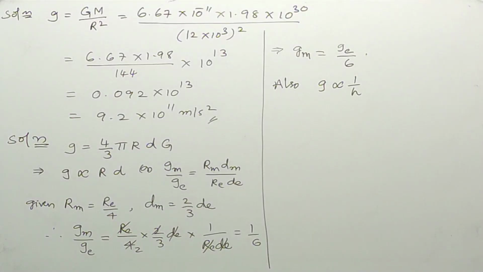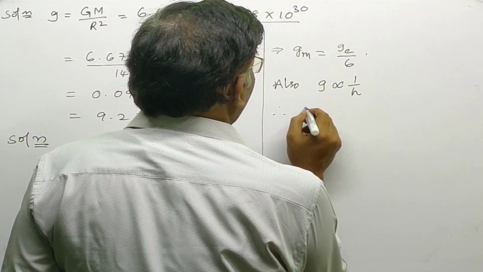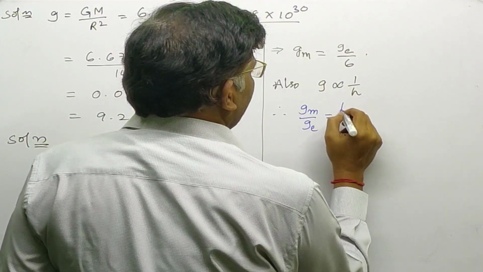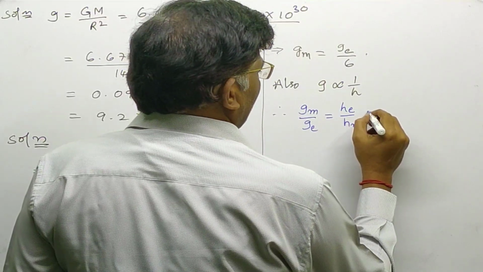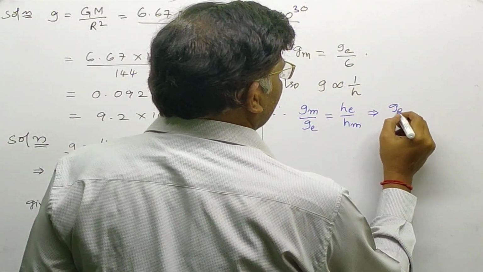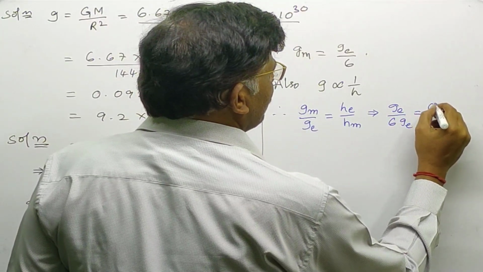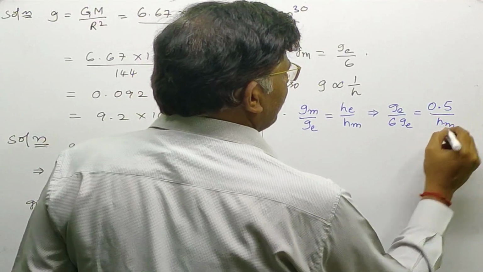Also, we know that g is inversely proportional to height. When height increases, acceleration due to gravity decreases. Therefore, gM by gE can be written as HE by HM, or that implies gM is gE by 6, gE by 6 over gE is equal to HE, which is given in the question on earth 0.5 meters, divided by HM.